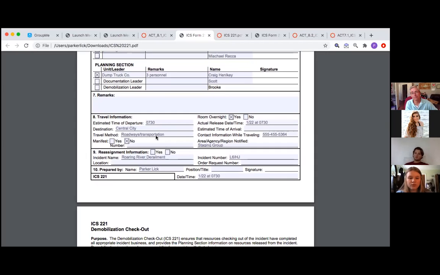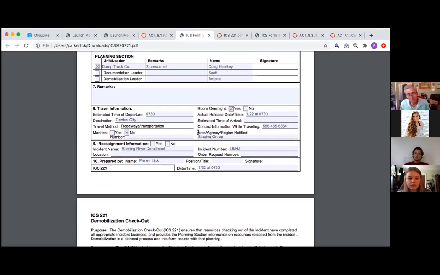Travel method, just normal transportation methods. Contact information was this number right here, 555-455-5364. Once again, this was the Roaring River derailment, prepared by myself on 1/22 at 07:30.